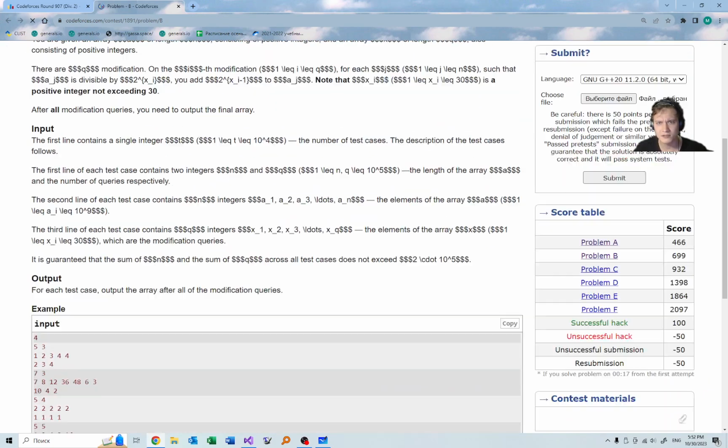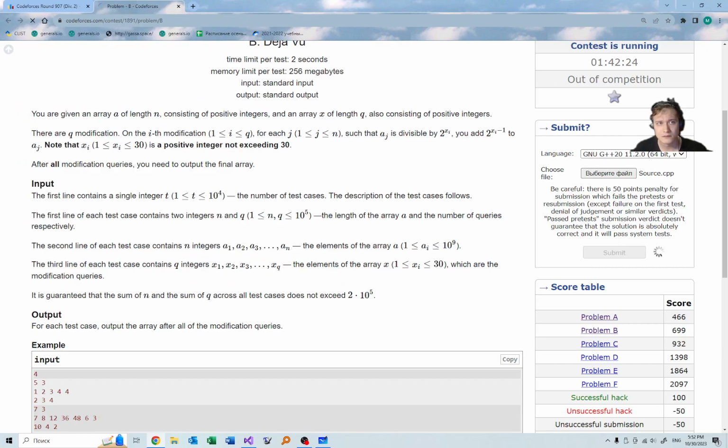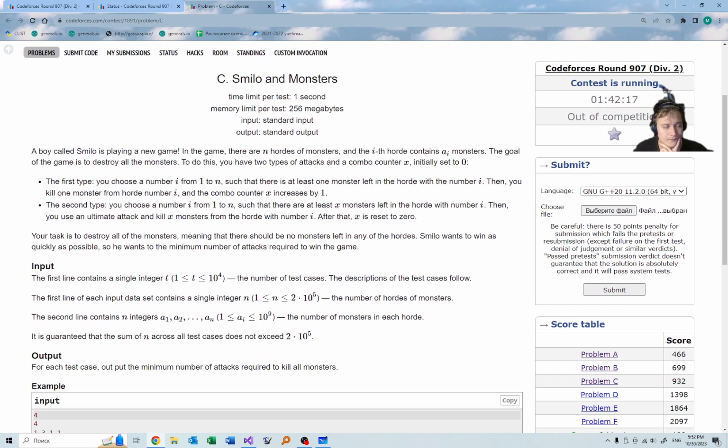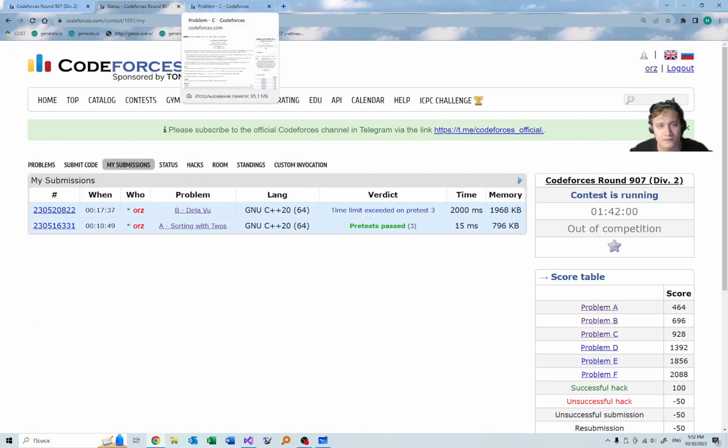Why cannot I submit it? Let's continue with problem C. We have n hordes of monsters. In the ith, we have AI monsters. We have two types of attack and a combo counter X. Time limit exceeded in pretest 3.